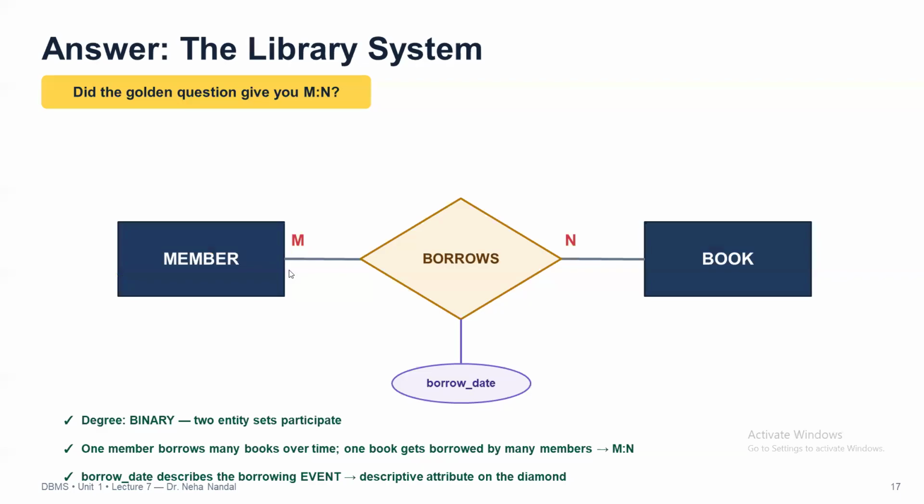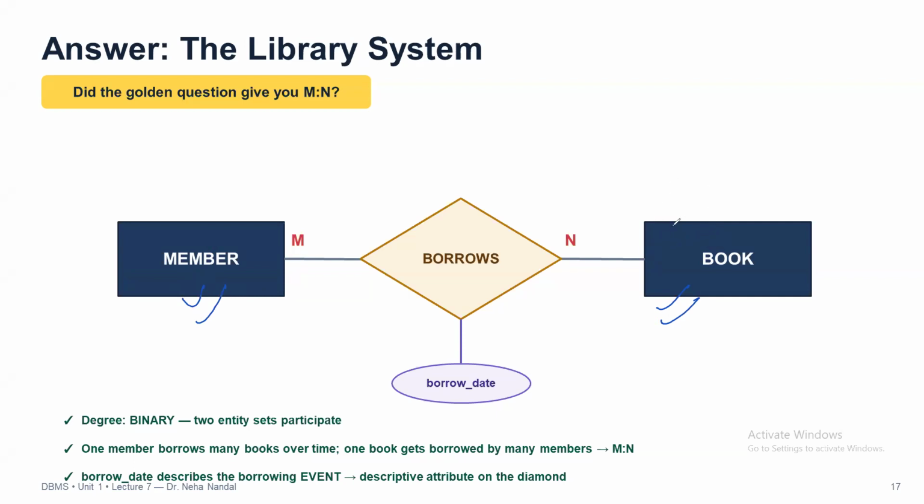And that is our simple answer, which is combining all the things. Correct. So it is showing the different entities being taken for the library system. One is member, one is book. So member is one entity set, book is another entity set. What is an entity? An entity is something that has some real world existence and is distinguishable from other things.